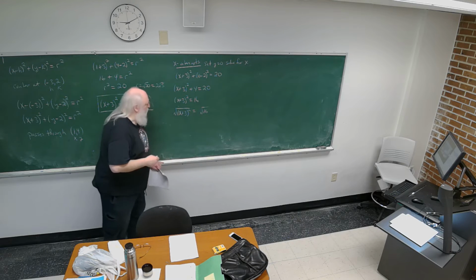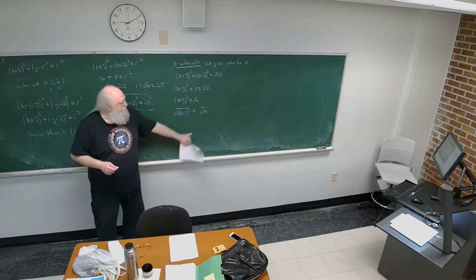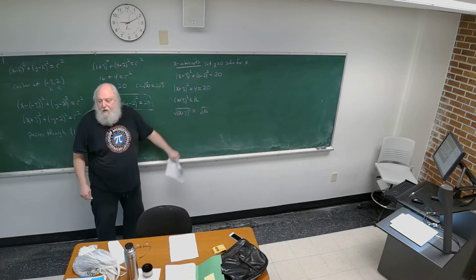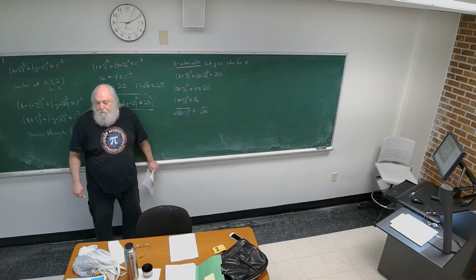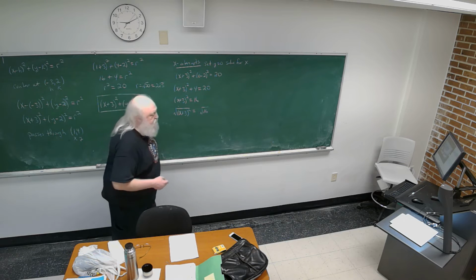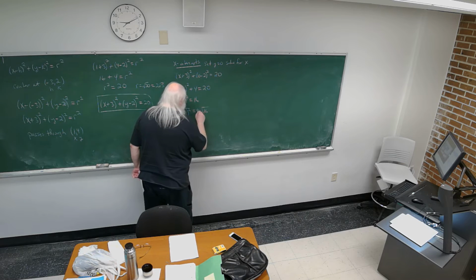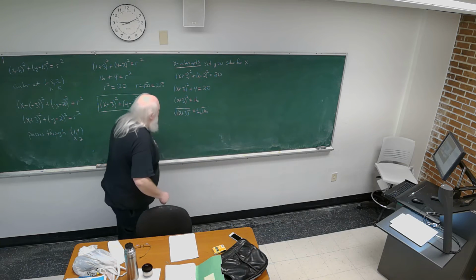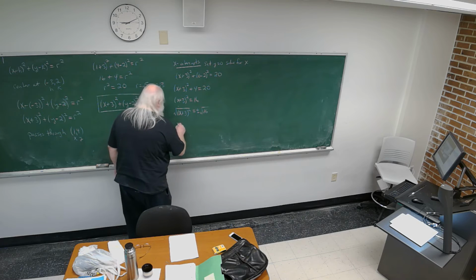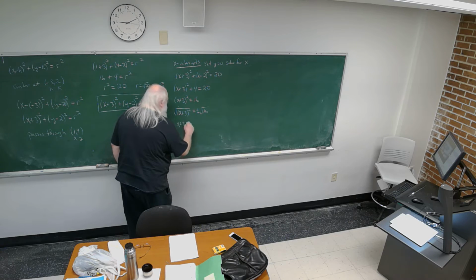And when you solve an equation using the square root method, you need plus or minus on the right-hand side. There are two solutions. So on the left side, we have x plus 3 is equal to plus or minus the square root of 16, which is 4.